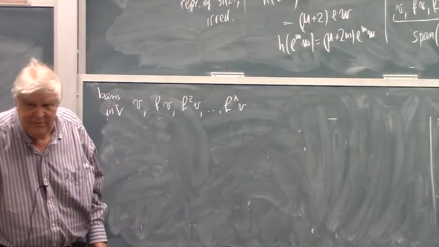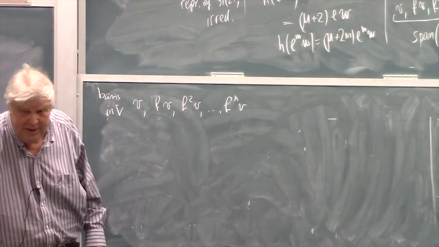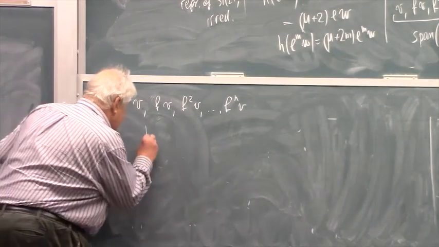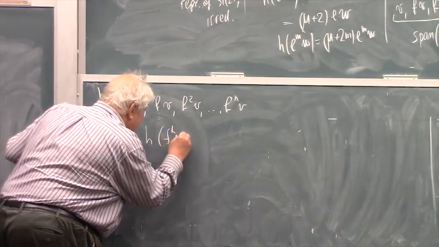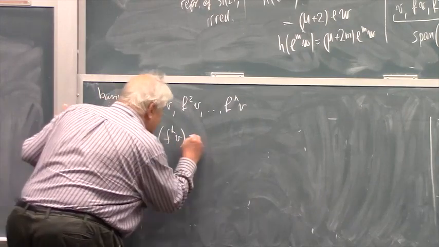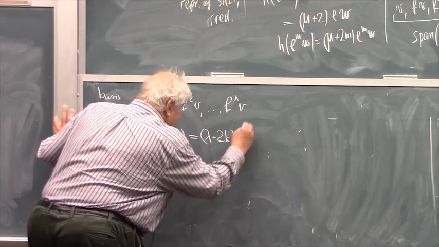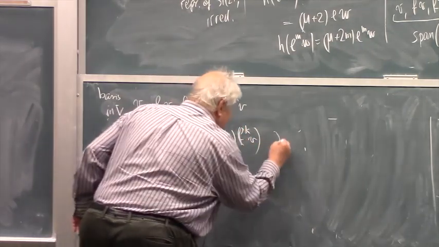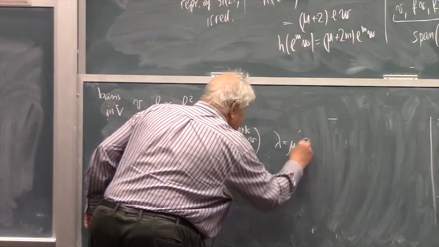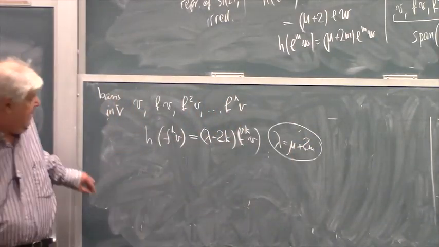Now my representation of SL2 acts in this space in a very explicit way, namely H applied to F to the power k V. I prefer to write lambda minus 2k times F to the k V, where lambda is mu plus 2m in my previous notations.